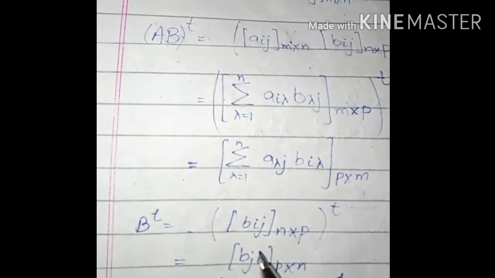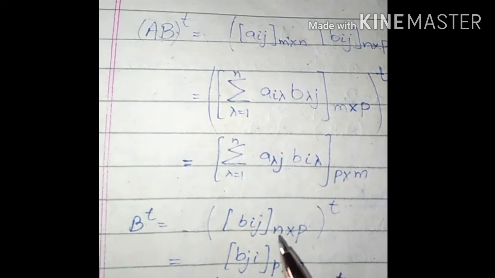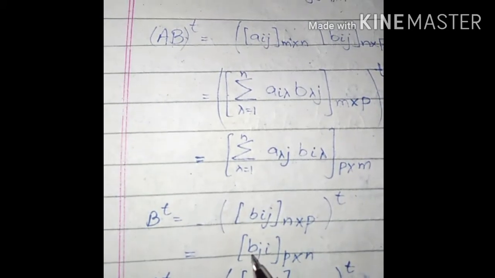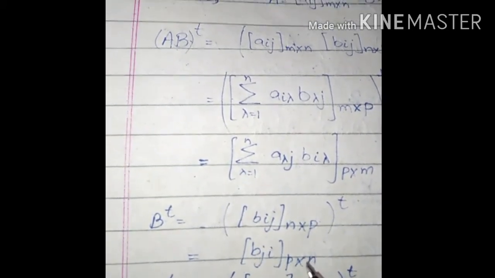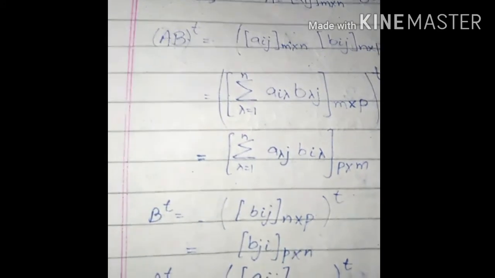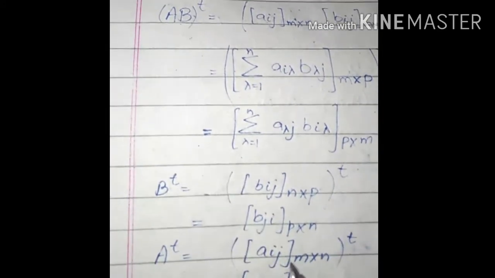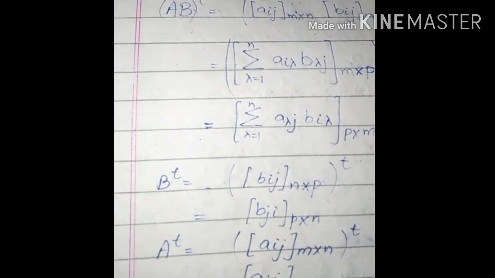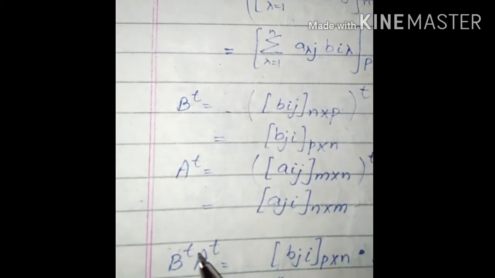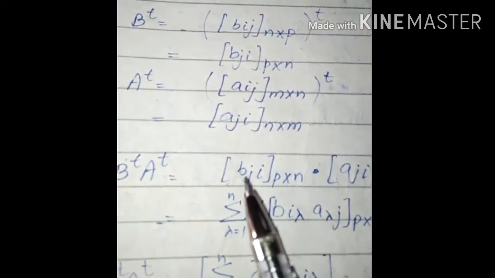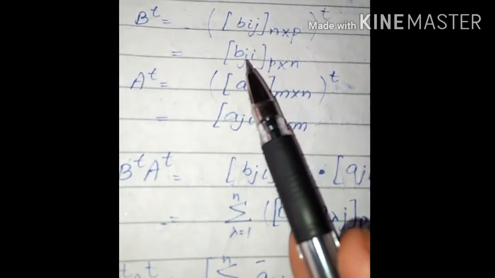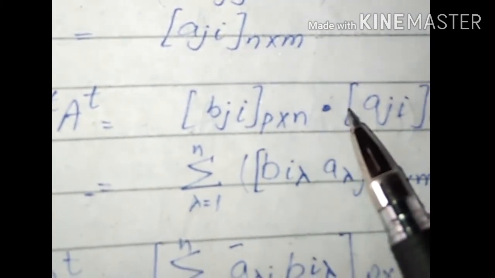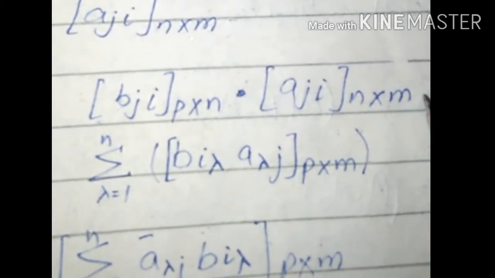B transpose: B has elements b_ij n cross p. Then we take the transpose of matrix B, b_ji p cross n, and the order also changes. A transpose: A is a_ij m cross n, then after transpose of the matrix it is a_ji n cross m. B transpose times A transpose is b_ji p cross n multiplied by a_ji n cross m.